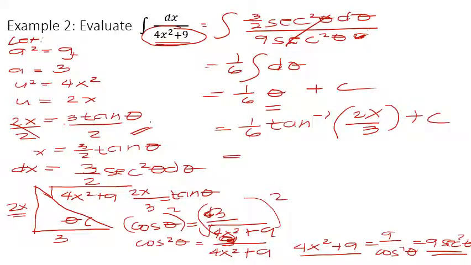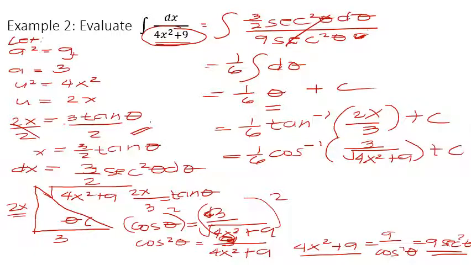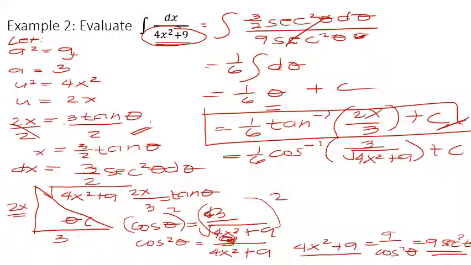Or you can have 1 over 6 arc cos of 3 over square root of 4x squared plus 9, plus c. So maybe I'll just use this one since we're in terms of tan. But they still have the same answer.